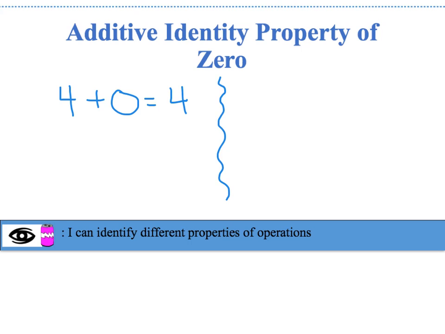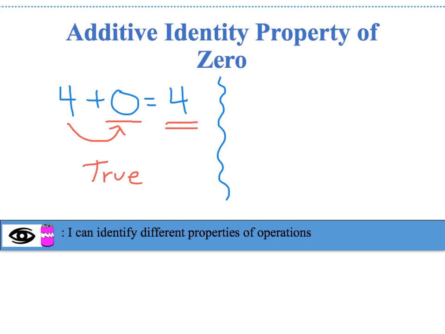This is the identity property because I want you to think of this 0 as a mirror. The 4 looks into the mirror and he sees himself, or he sees his identity. This is a true statement. So this is a property because 4 plus 0 is 4. So this concept can work for any number.